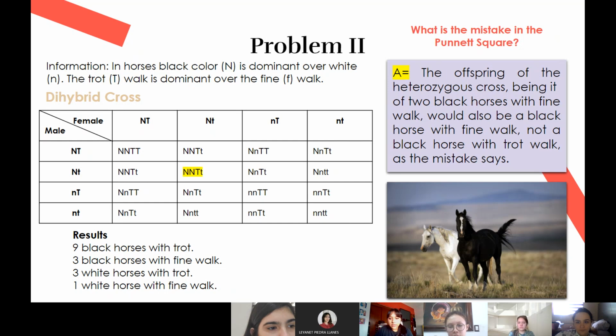Looking at the table, we can see the mistake: the offspring of the heterozygous cross, being 2 black horses with fine walk, would also be a black horse with fine walk, not a black horse with trot, as the table says.